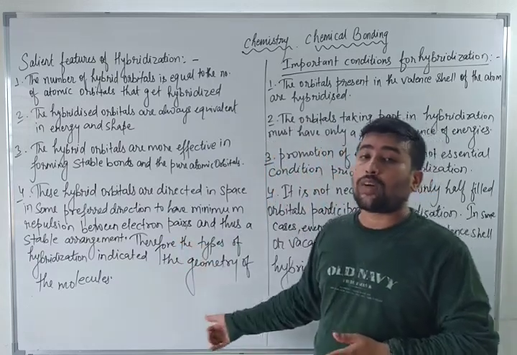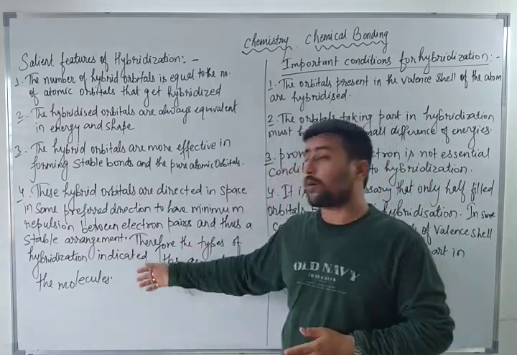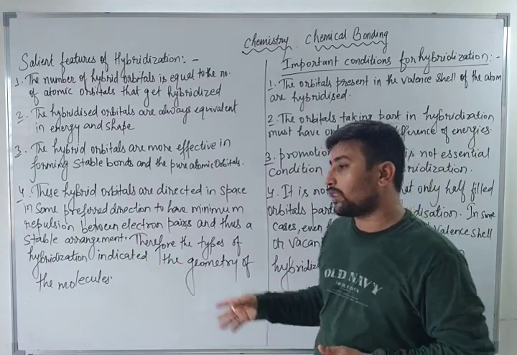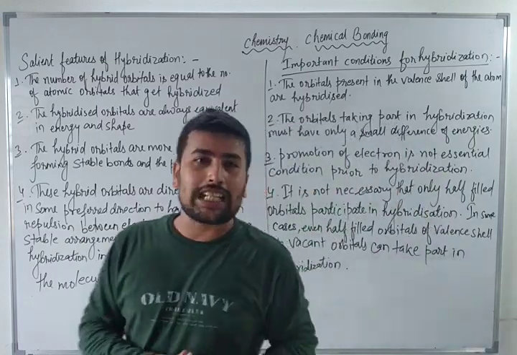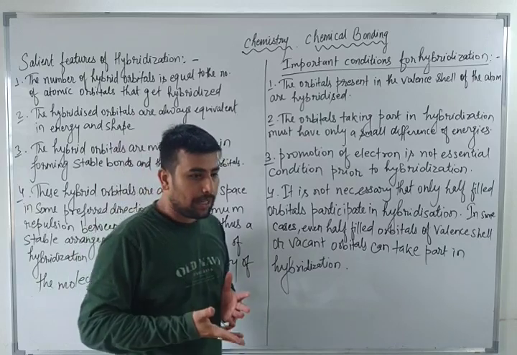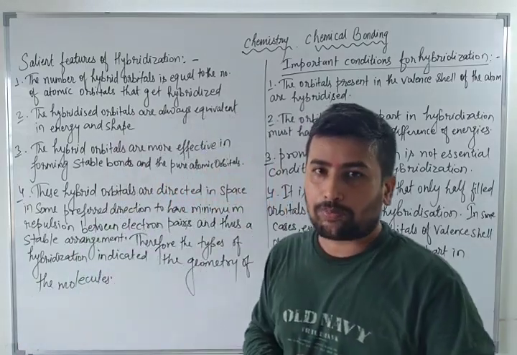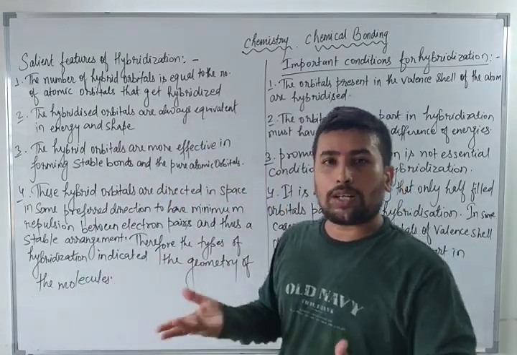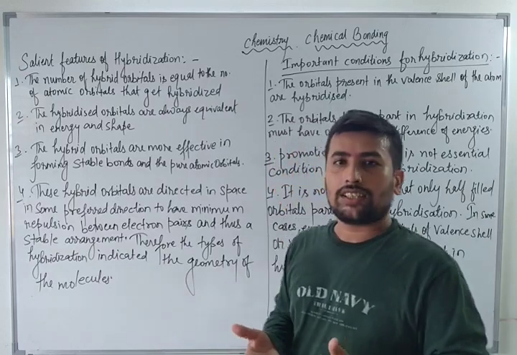Therefore, the type of hybridization indicates or predicts the geometry of the molecules. Similarly, you will understand sp hybridization gives linear geometry, sp2 angular planar, sp3 tetrahedral.